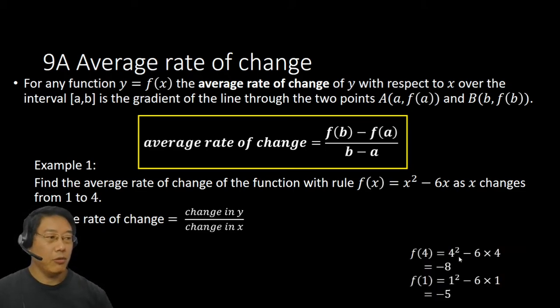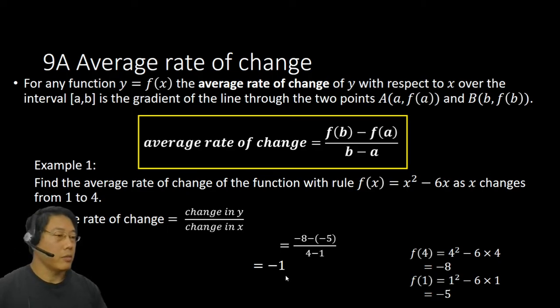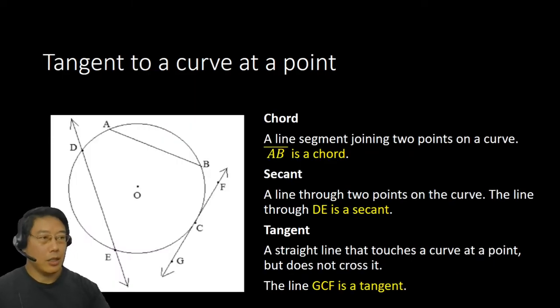Alright, so we find the respective y-coordinates for the second point and the first point. Make sure you write that in the correct order. You calculate the difference. Be mindful with the minus and the negative. Just be accurate with the application of operations with negative and positive numbers. And that should end up with -1. Yeah, that's fine.